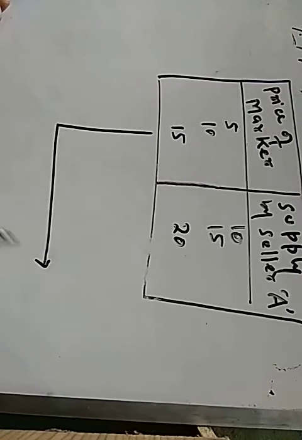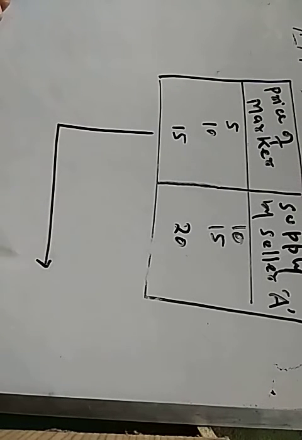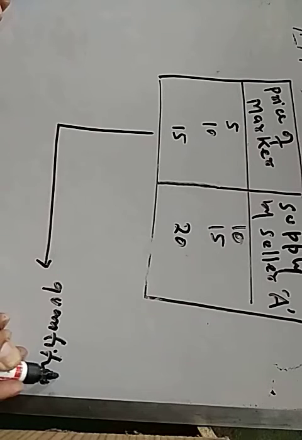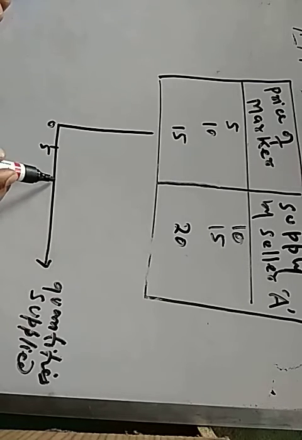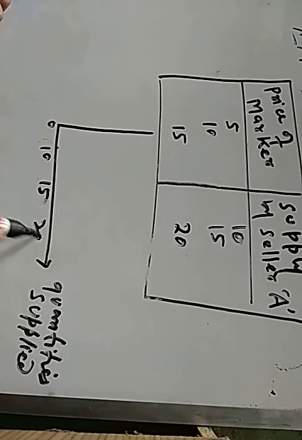On the horizontal axis we take quantities supplied of a commodity. Here the commodity in our example is marker, which is 10, 15 and 20 units.